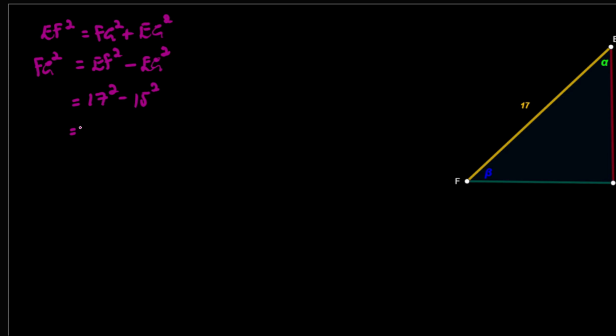That is 17 squared. I'm putting the square root this side this time. The square root of 17 squared minus 15 squared, and this gives us 8. So our answer here for FG is equal to 8 units. So that is our 8 there.